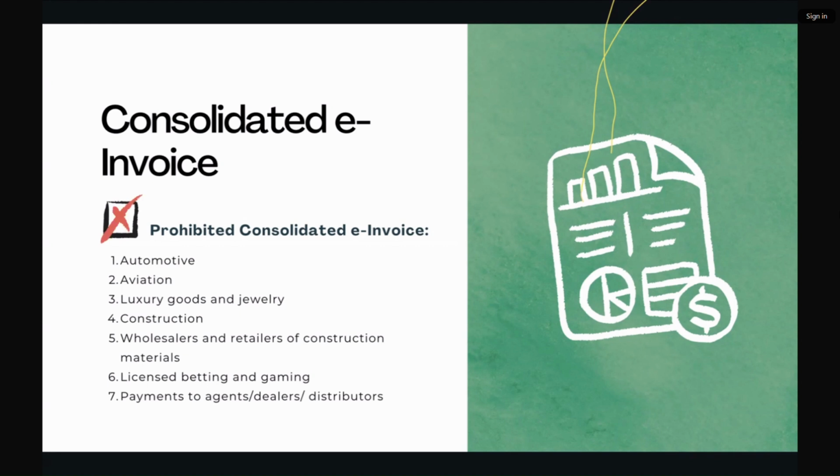Automotive, where you're buying cars or motorcycles, since those industries already deal with real names in all transactions. The next ones are aviation, luxury goods, construction materials, licenses, betting and gaming, and payments to dealers. These are not allowed to use consolidated e-invoice only, so you can only do standard e-invoice for these.